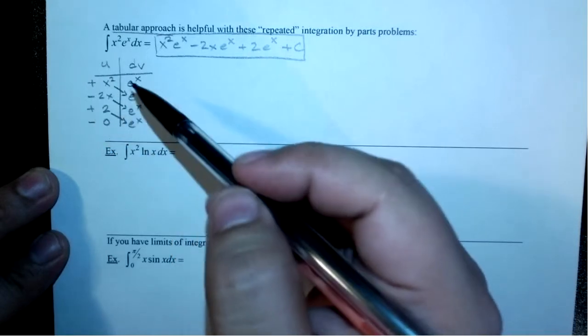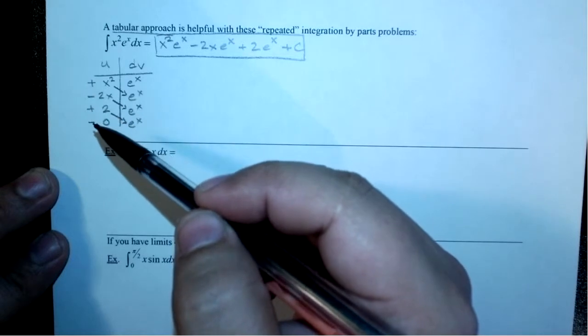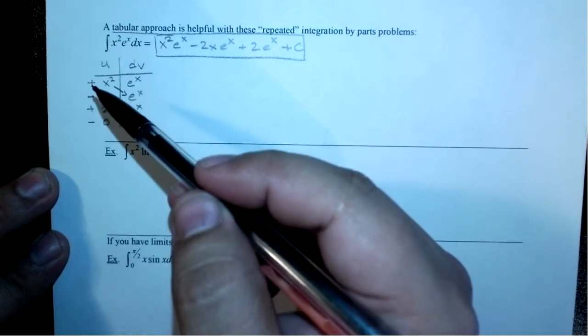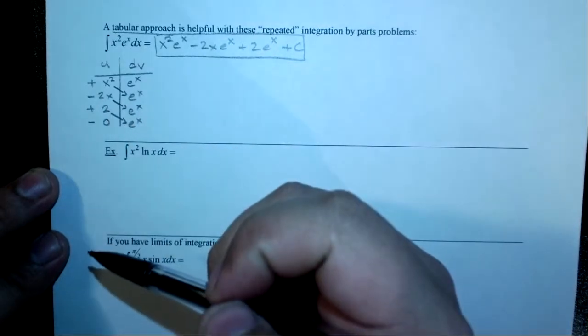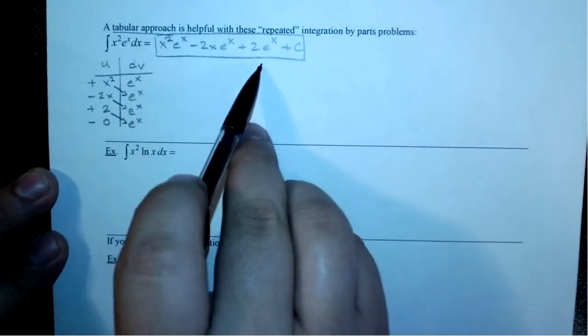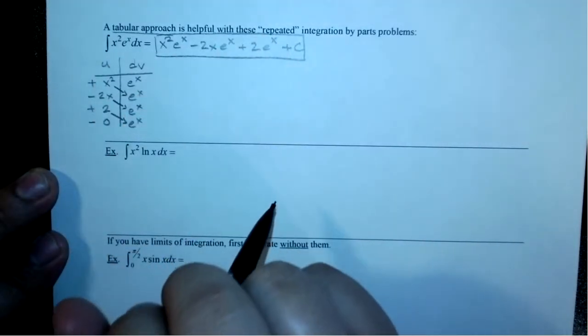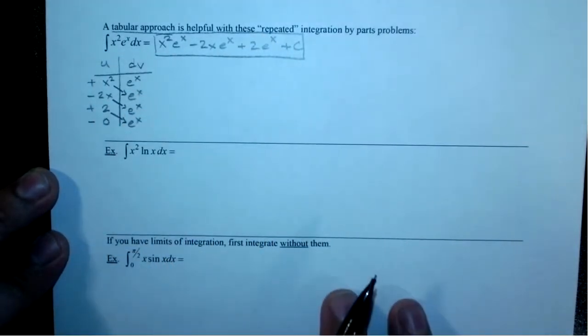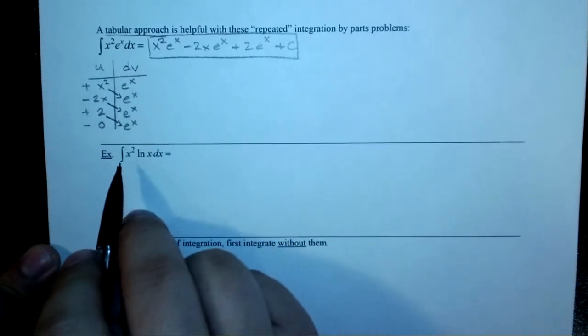So you derive, you integrate, plus minus, always start out with positive, and then you multiply diagonally. Okay, and that gives you the same result as doing 2 integrations by parts.